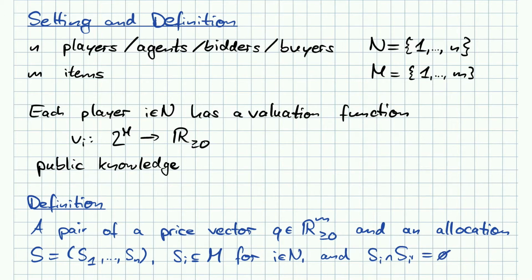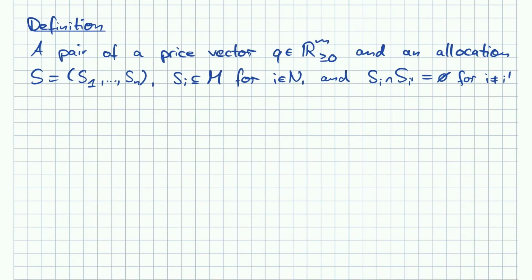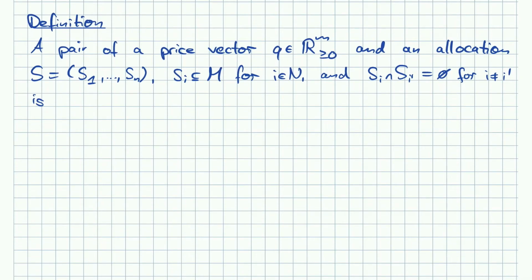So each item is allocated to at most one player. And this we now call a Walrasian equilibrium if two conditions are fulfilled.